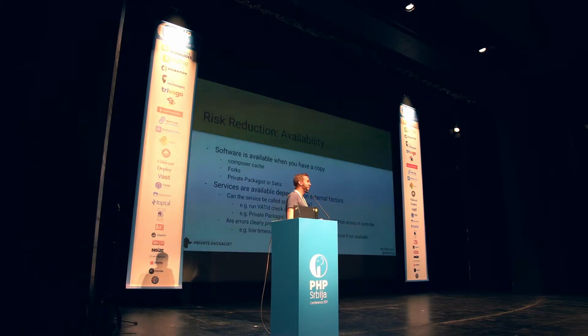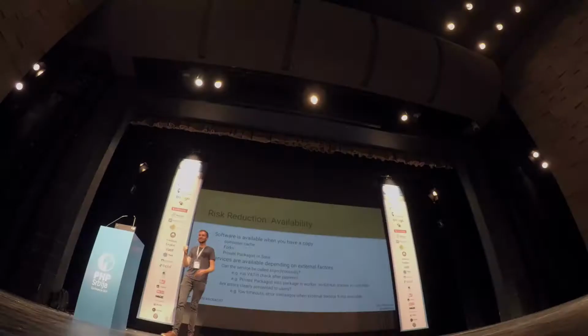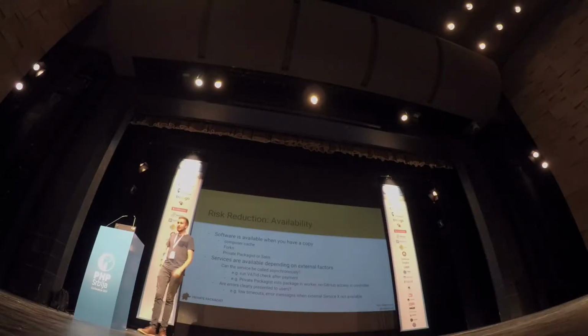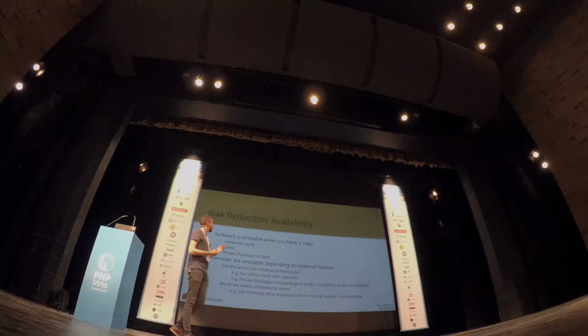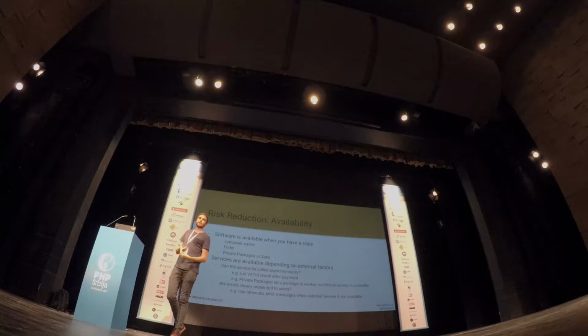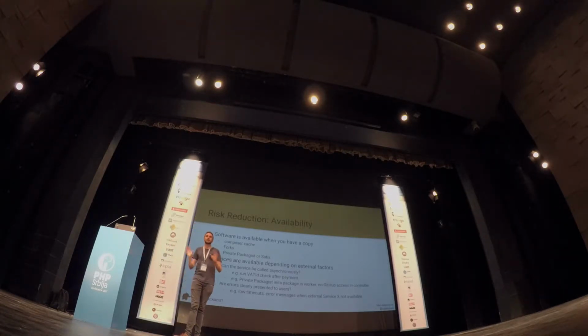All right, so for software, this is really straightforward. If you have a copy of the software, it's available to you. There's not much to think about. But the question is, where do you have a copy? For example, Composer has a cache directory that keeps copies of the software you've currently installed. So let's say some external source is no longer reachable and you can't get this thing anymore.